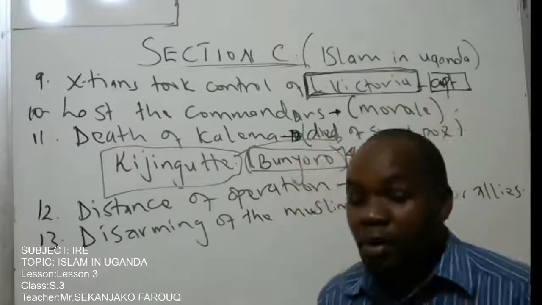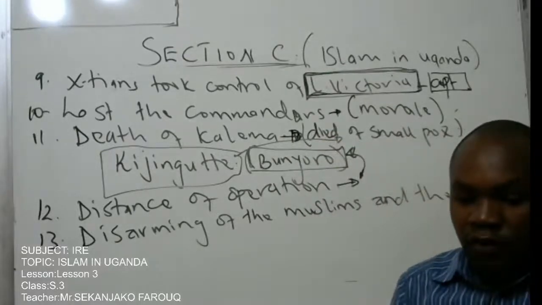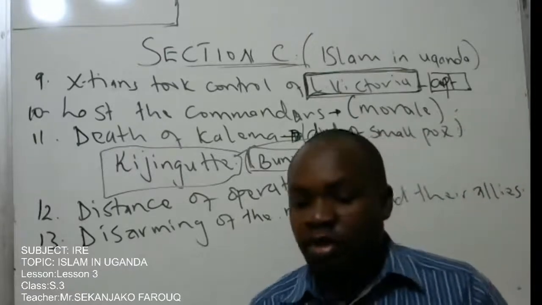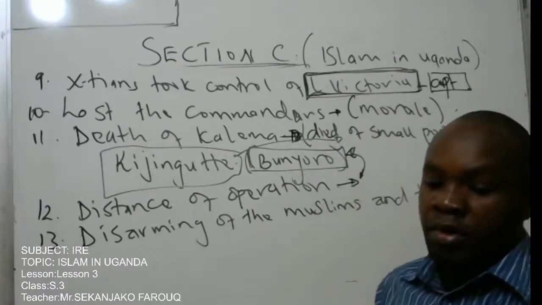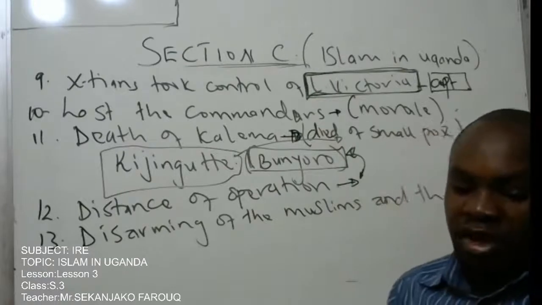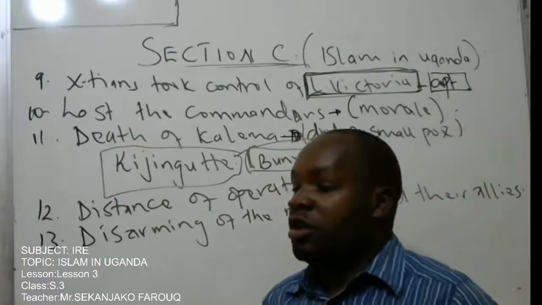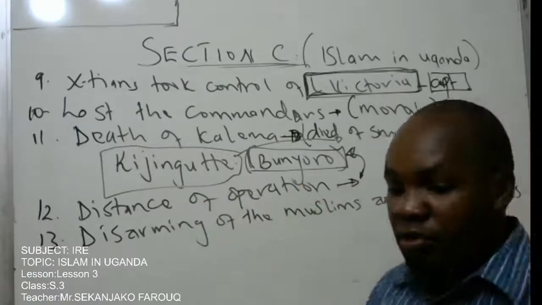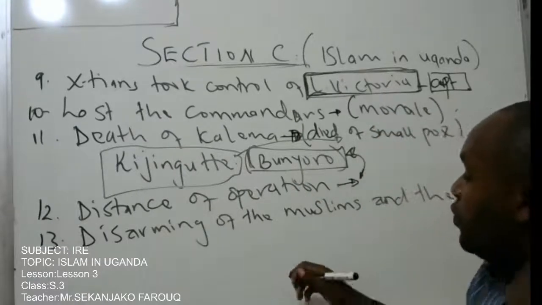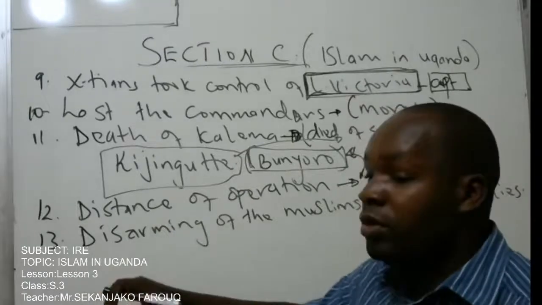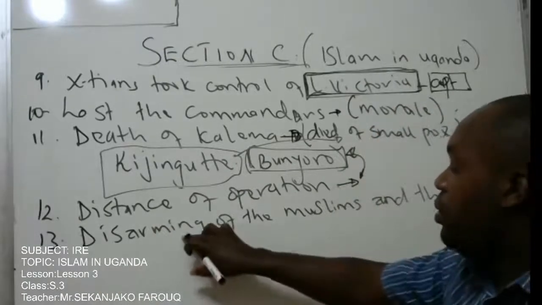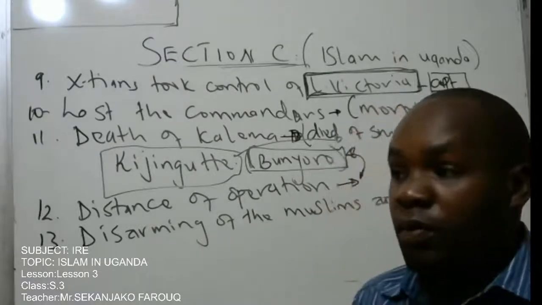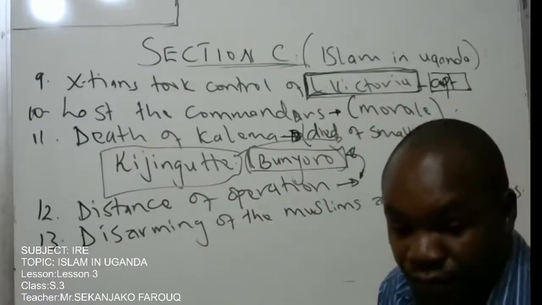For example, MacDonald, one of the colonial agents, disarmed the Sudanese soldiers who had shown readiness to support their fellow Muslims, and instead armed the Christians. So look at disarming the Muslims and contrarily arming the Christians. At the end of the day, very many Muslims were killed, and this ended in the defeat of the Muslims in the political religious wars.